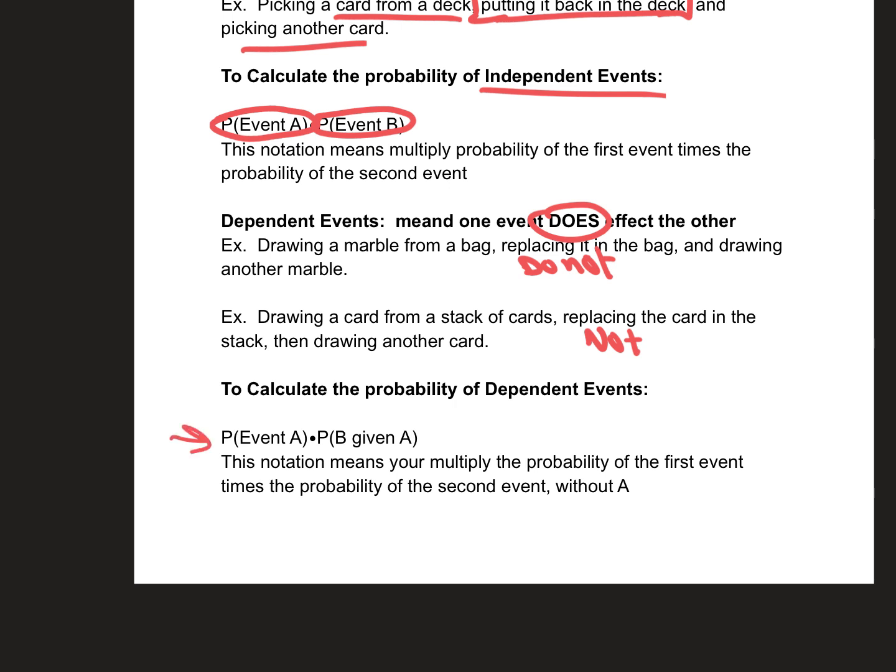The second one, the probability of B given A, means that you're going to calculate the probability of the first event times the probability of the second event assuming A happened. If you wanted the probability of getting a Jack of Hearts, you assume that you got the Jack of Hearts the first time and you don't put it back and you draw another card and calculate your probability from there.